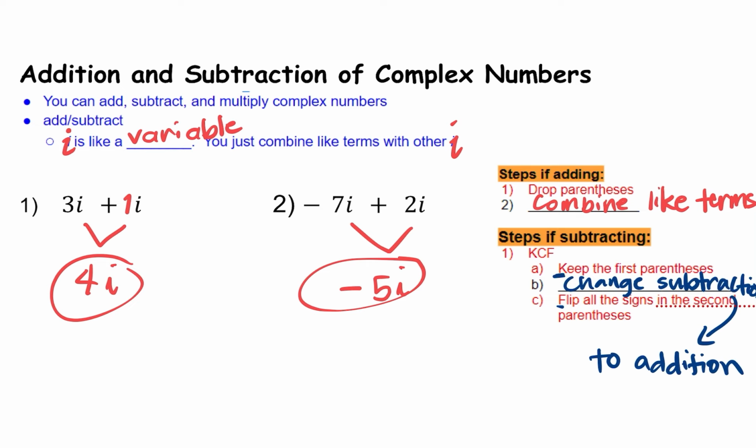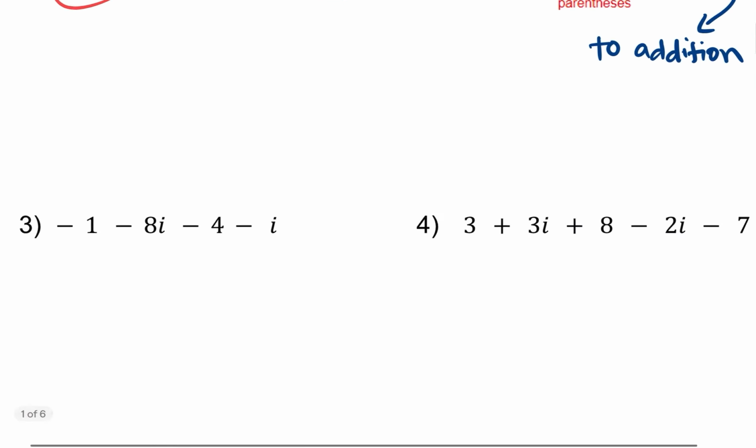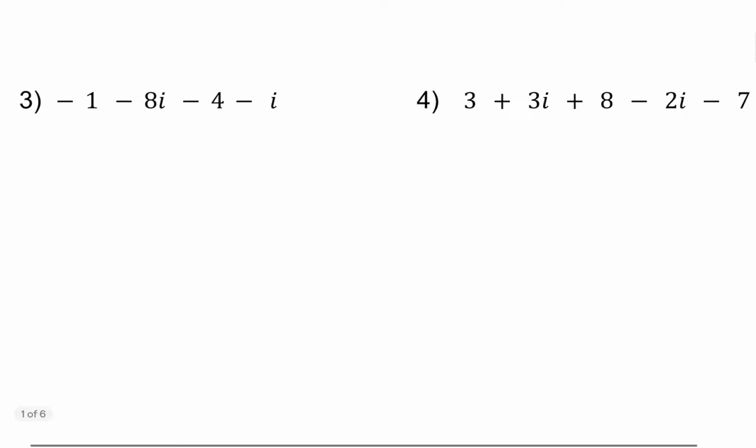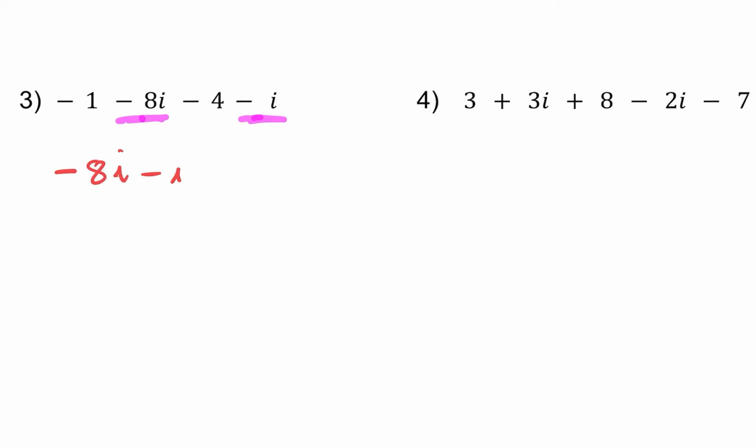Let's try and apply these steps in this example right here. As you can see, we don't have parentheses, so we will simply combine if there is something we can combine. So we have here a negative 8i and a negative i. You can put them side by side if that is helpful. Negative 8i and minus i.